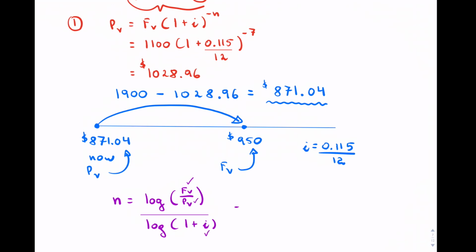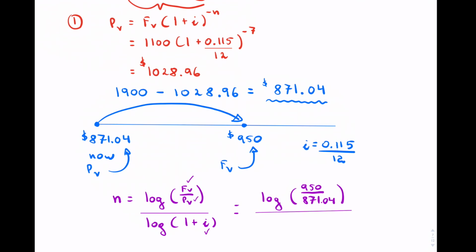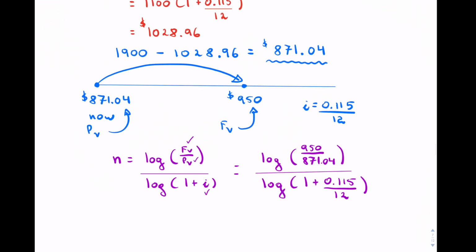Let's plug this in. We will have log of 950 divided by 871.04, all divided by log of 1 plus 0.115 over 12. Let's find our n.